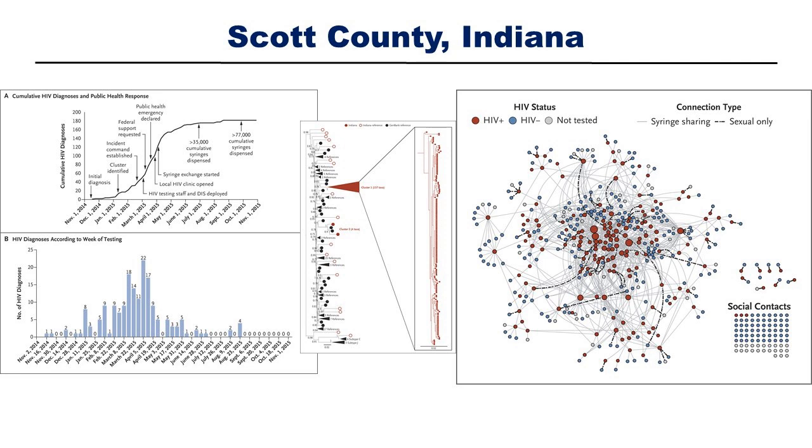As you look at this, you can see under connection type, the people were connected by whether they shared syringes or shared sexual contact. And you can see, even in the case of individuals who had syringe sharing, not everybody who shared syringes, even with a person with HIV, became HIV infected.